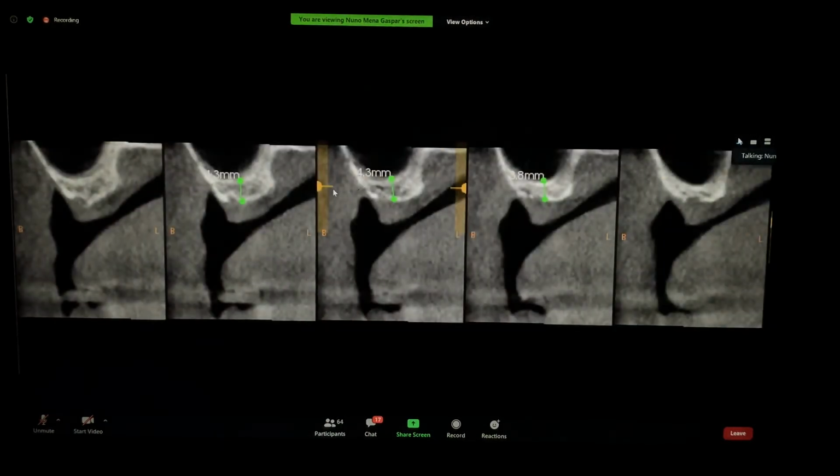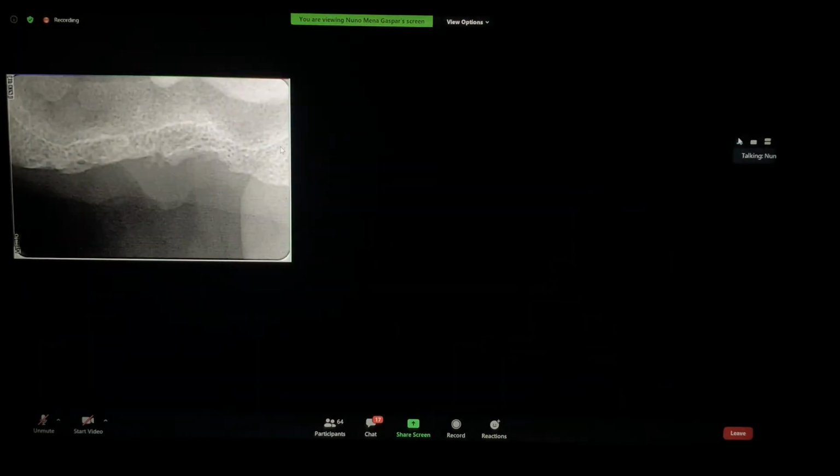On the other side, I had less bone, something like 3 to 4 millimeters, and I planned to do the same.